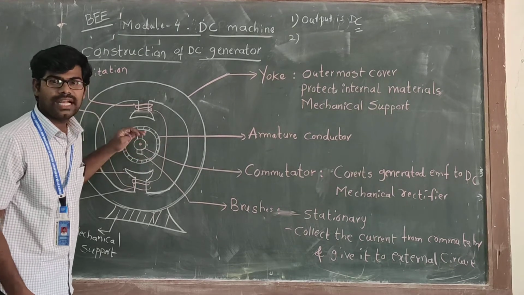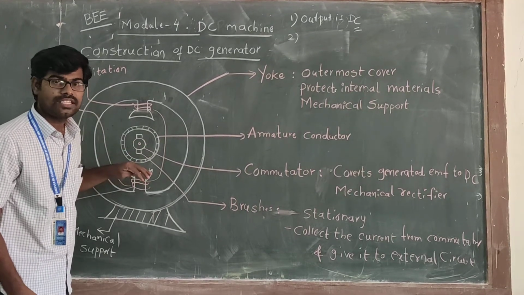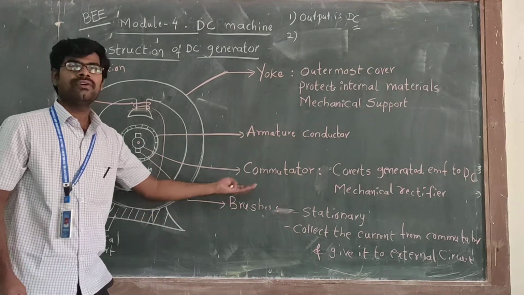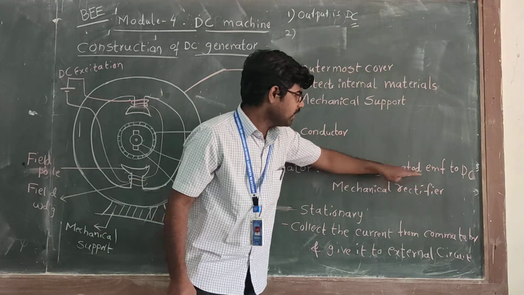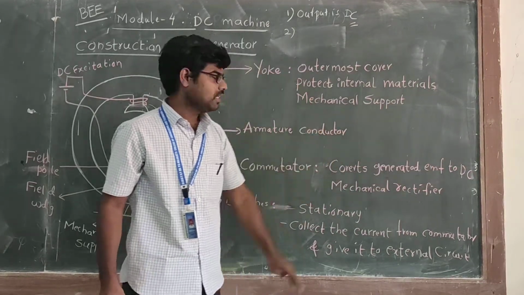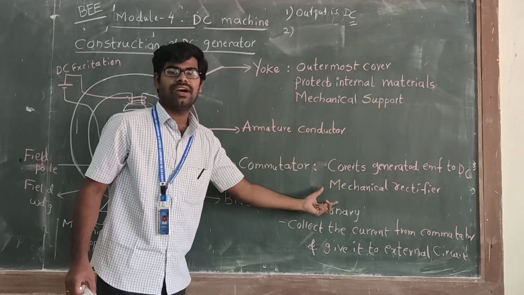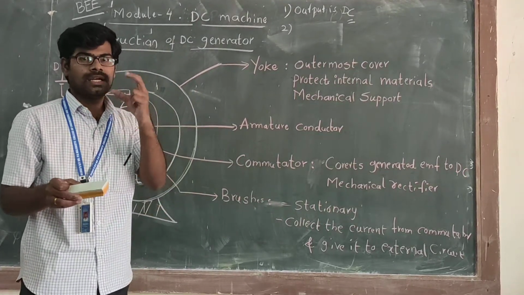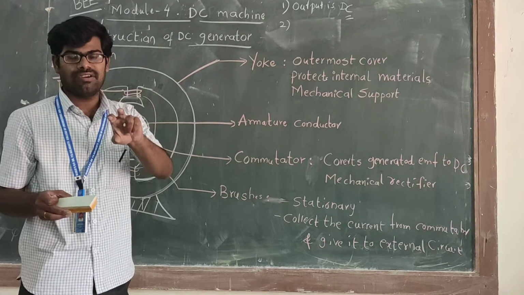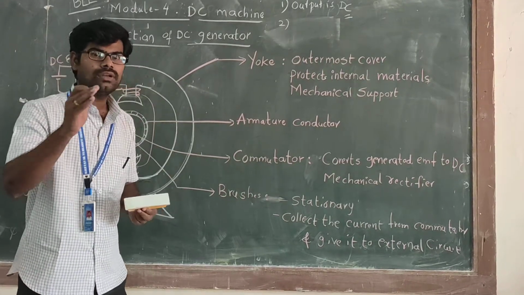We have to convert that AC to DC, which is possible with the help of the commutator. It converts the generated EMF to DC and acts as a rectifier. A rectifier converts AC to DC.